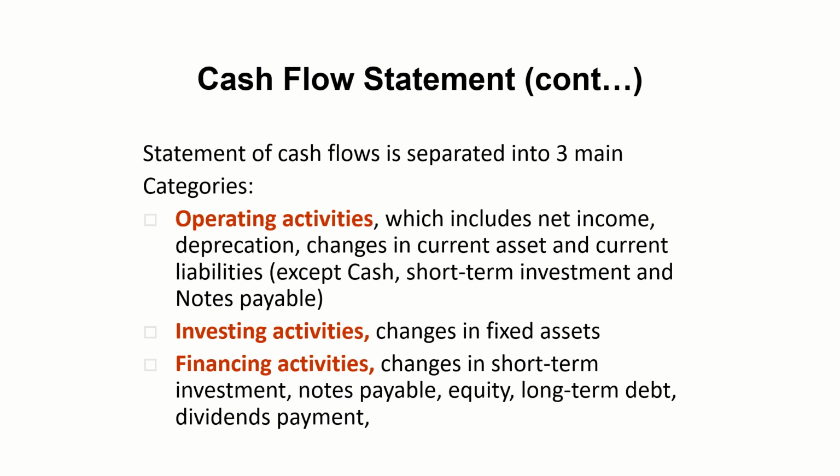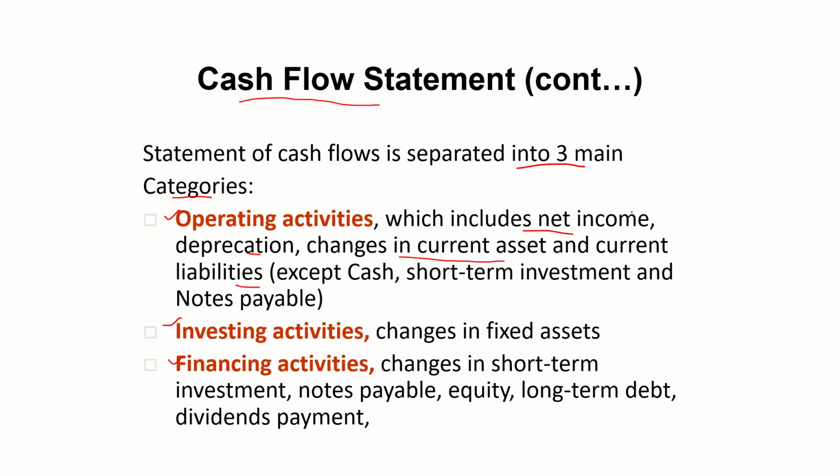Another way to understand sources and uses of fund is the cash flow statement. The cash flow statement is separated into three main categories, whereby we want to know the operating activities, the investing activities, and the financing activities. Operating activities include net income, depreciation, and changes in current asset and current liabilities.